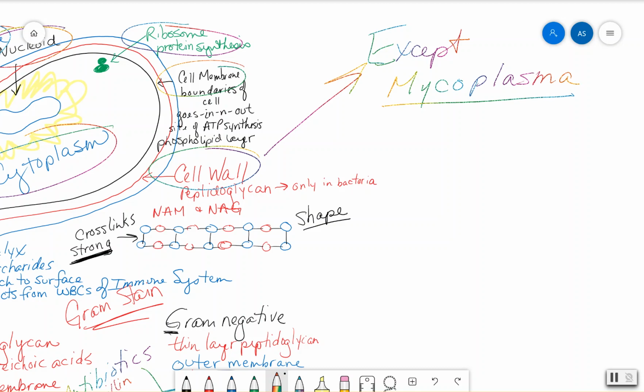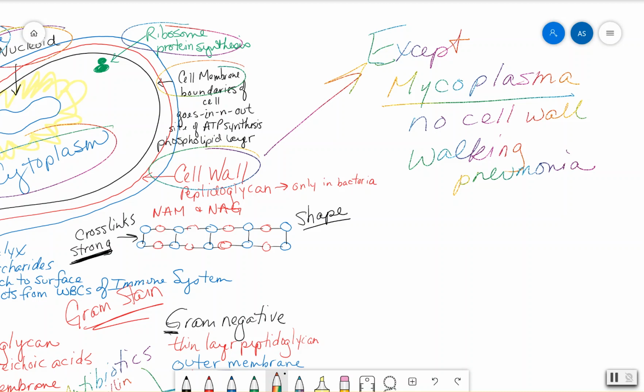This particular genus has no cell wall. And this is the bacterium that's responsible for causing walking pneumonia. So it's the only genus that doesn't have a cell wall.